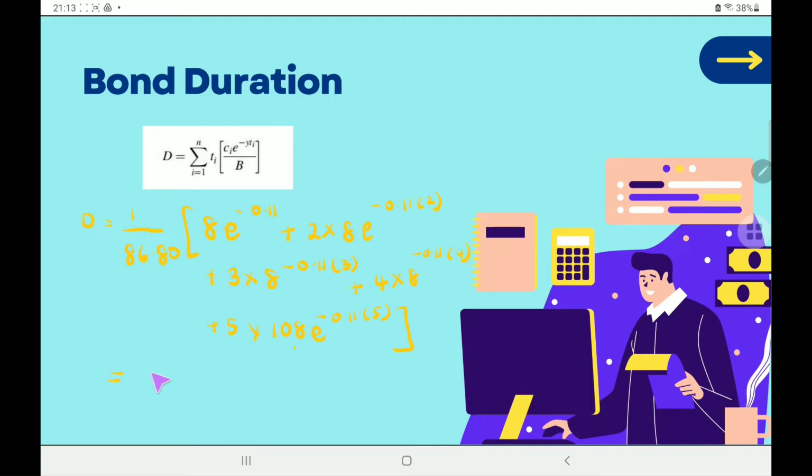Then we will get the answer of 4.256 years. This is the duration of the bond.